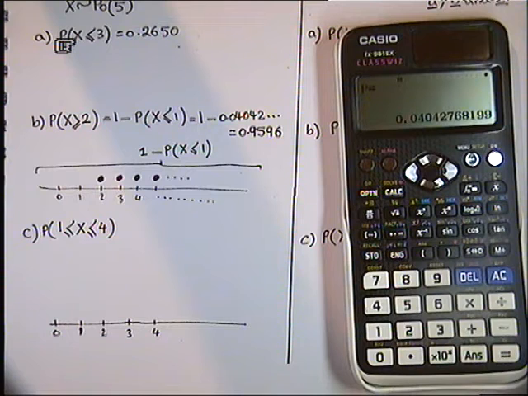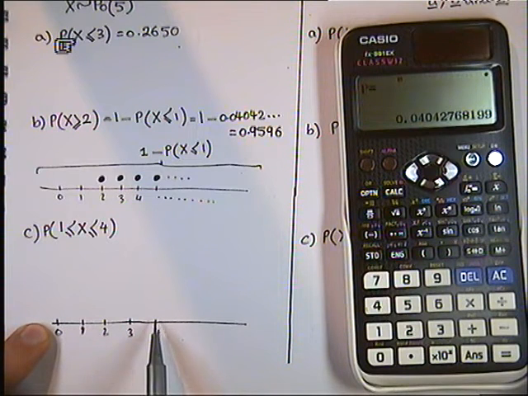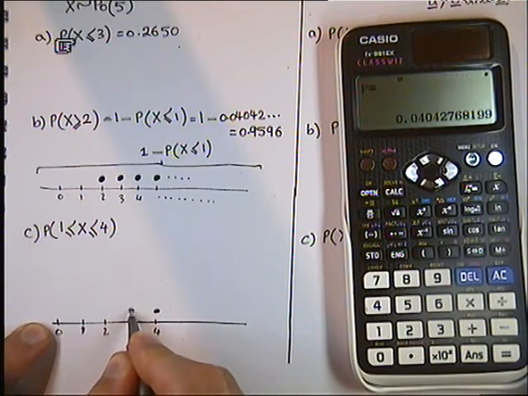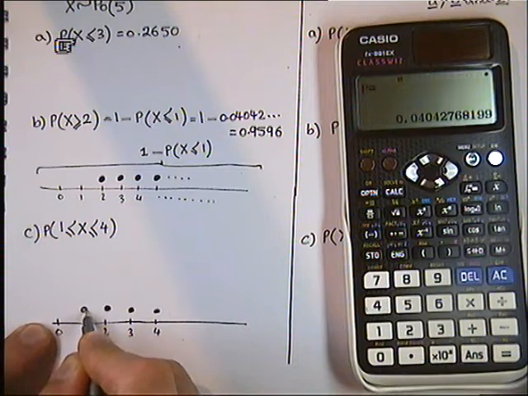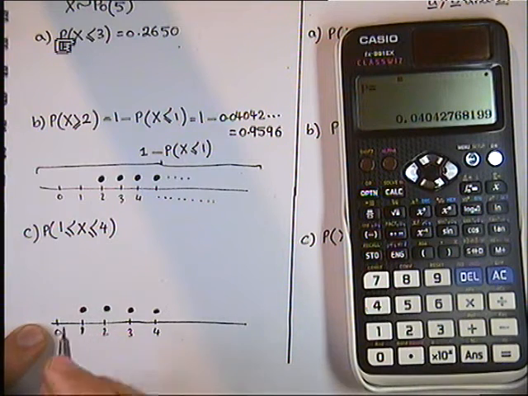But rather than doing that, I know that I can easily calculate probability of x less than or equal to 4 using either my calculator or the table. All I want is 4, 3, 2, 1. 1 and 4 are inclusive, so I need 1 and 4.